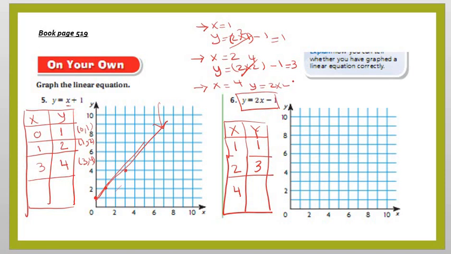Okay, the last point, when x equals 4, y equals what? 2 times 4 minus 1. 2 times 4 is 8 minus 1 equals 7. So when x equals 4, y equals 7. So my points here that I'm going to draw, 1 and 1, 2 and 3, 4 and 7. These are my ordered pairs. At point 1, x equals 1, y equals what? 1.